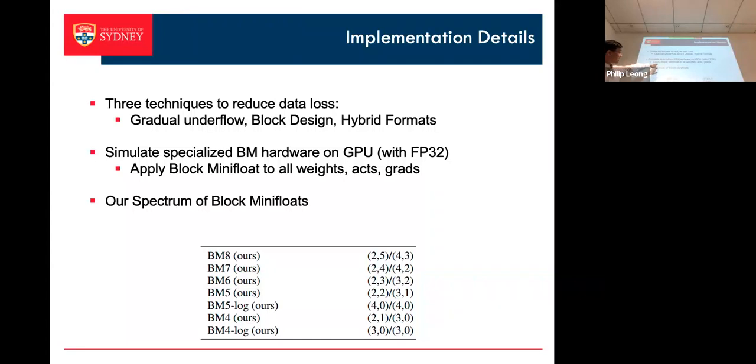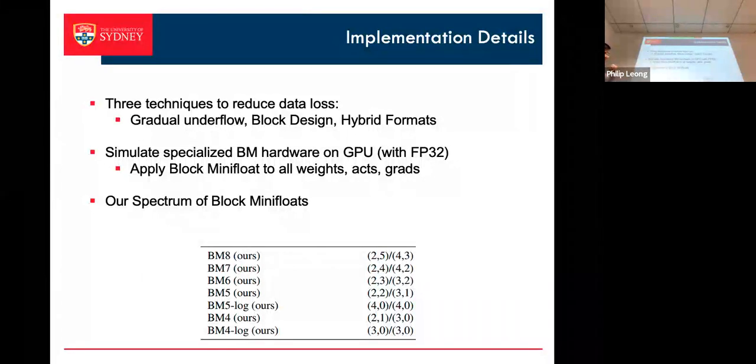And we actually apply block Minifloat to all weights, activations, and gradients, which not all low precision training schemes do. Some low precision training schemes have a mixed precision format where they keep some things in high precision and try to do the majority of computations in low precision. But we can keep most things in low precision in this scheme.